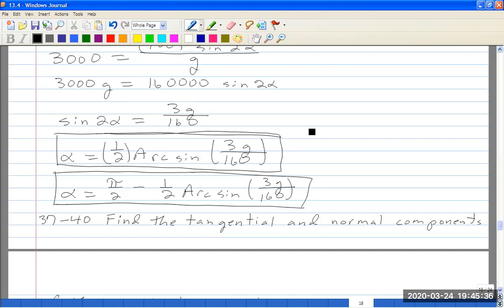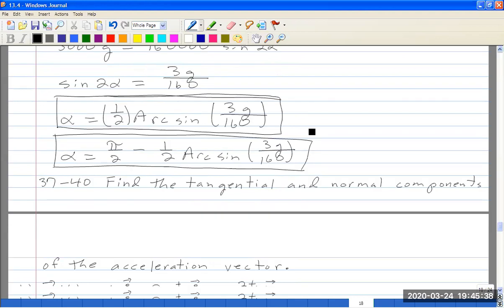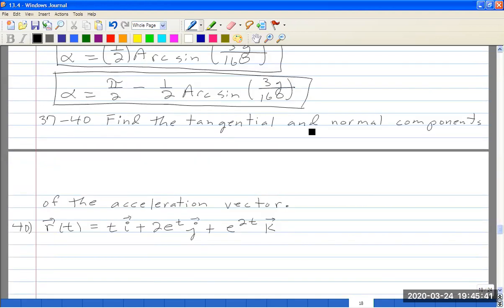Good enough. Okay, so let me do problem number 40. In exercises 37 through 40, find the tangential and normal components of that.